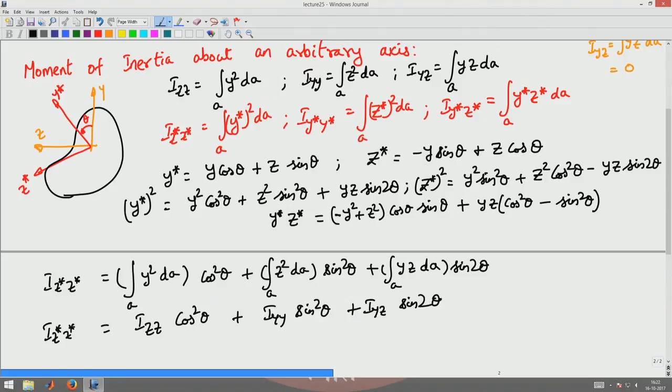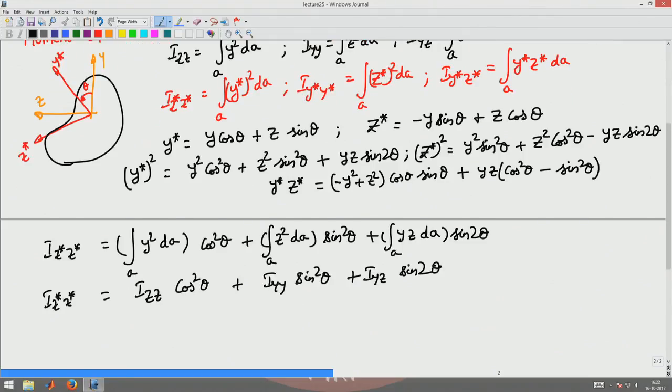Okay. Similarly, you can see that I y star, which is integral z star square dA, is the square of this, which is this. So, if I substitute in there, I will get I z sin square theta plus I y cos square theta minus I yz sin 2 theta.